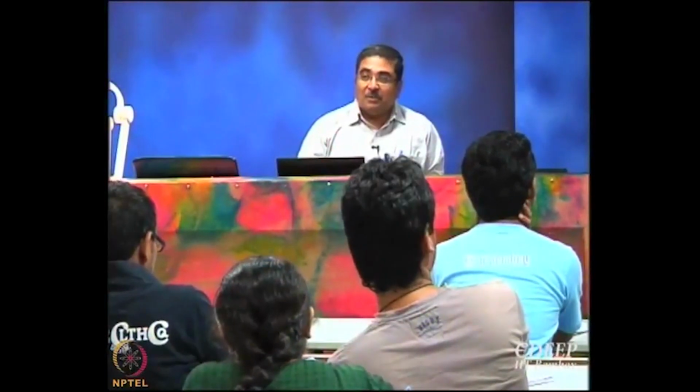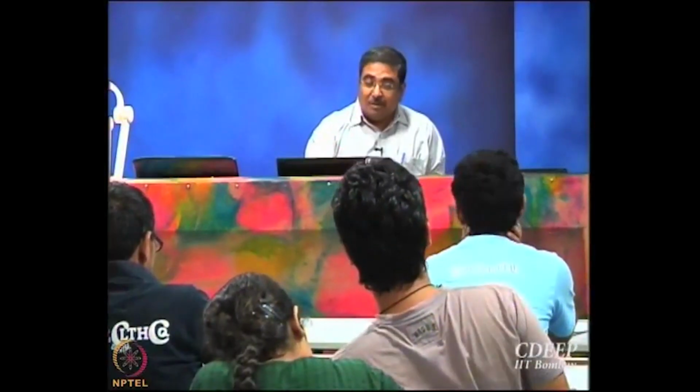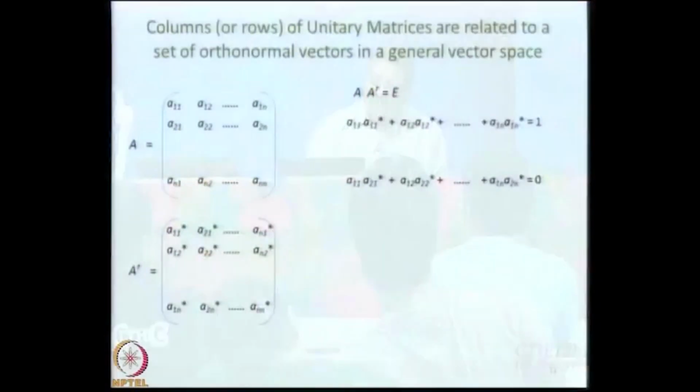Does that ring a bell? Does that remind you of something? Not only orthogonal, orthonormal. When you multiply one element with the conjugate of itself and then add everything in the set, you get 1, right.